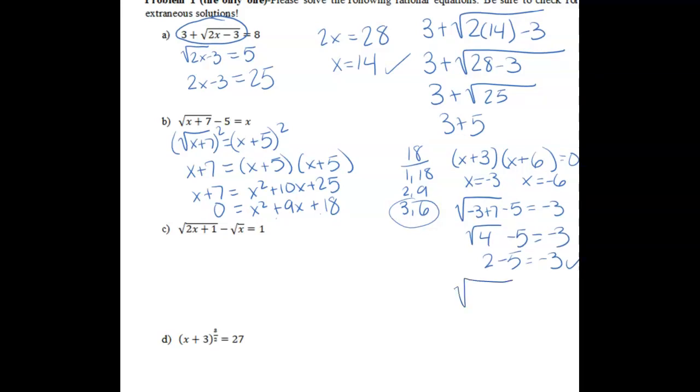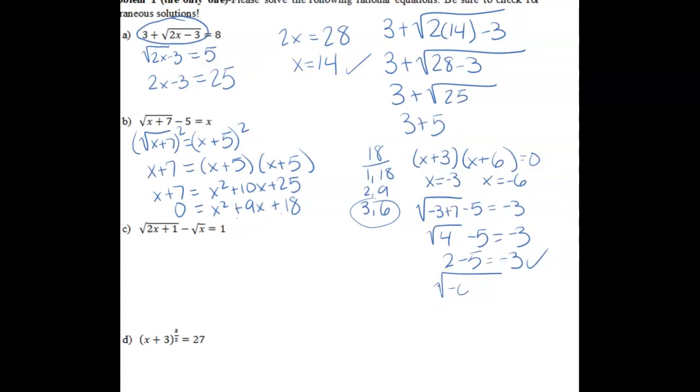So again, I'm going to have the square root of negative 6 plus 7, minus 5, which should be negative 6. So I should get the square root of positive 1 minus 5 equals negative 6. Alright, square root of 1 is 1, minus 5 is equal to negative 6. Well, this isn't a true statement. 1 minus 5 should not be negative 6 unless you've mathed wrong.